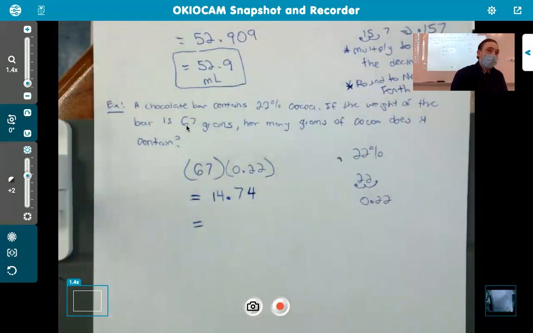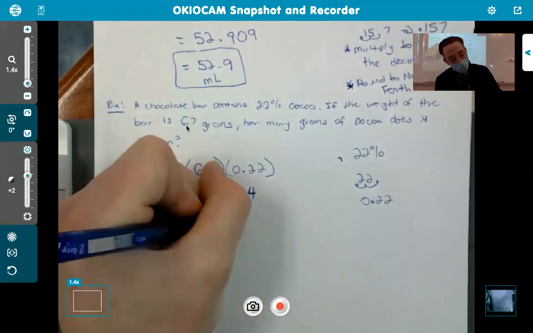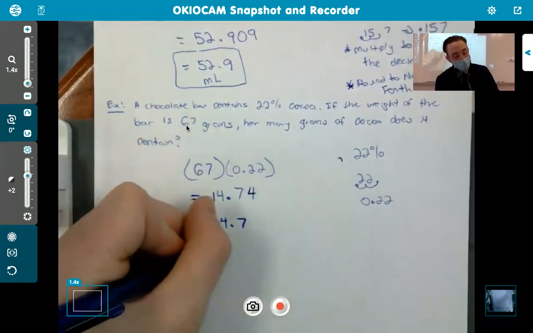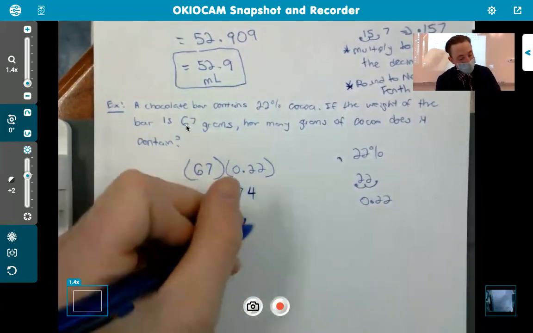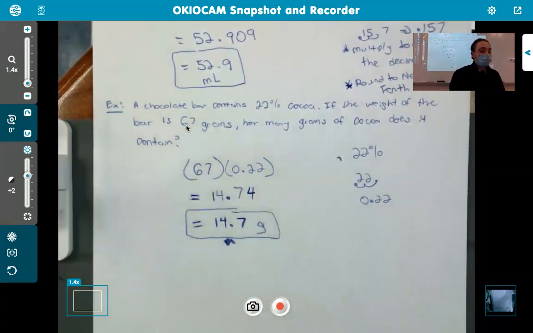Do I let it go, or do I round it up? Let it go. So my final answer is 14.7. And then that would be grams. So of the 67 gram chocolate bar, 14.7 grams are cocoa, because that's 22%.